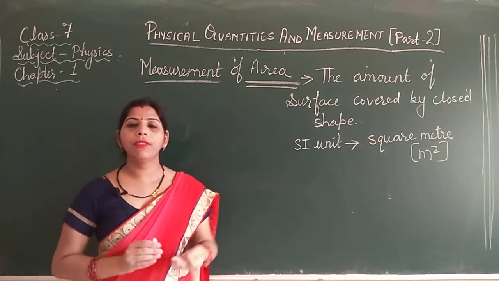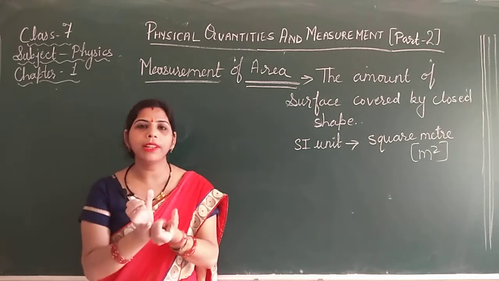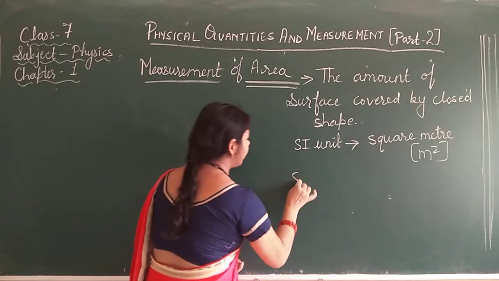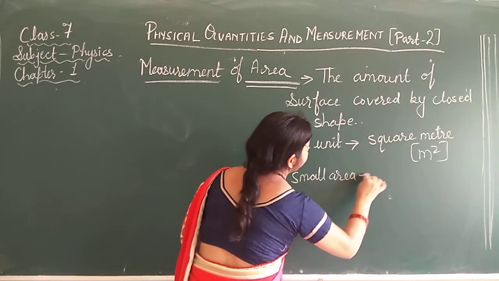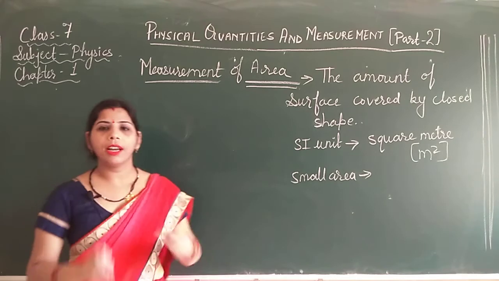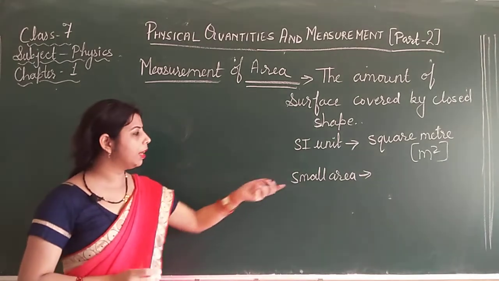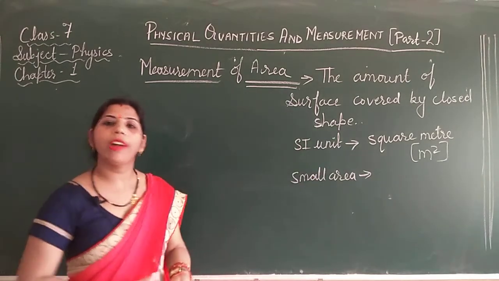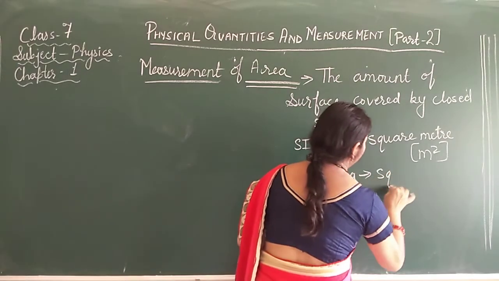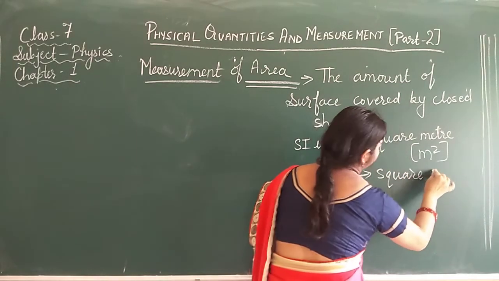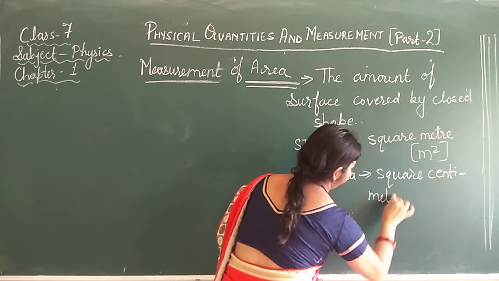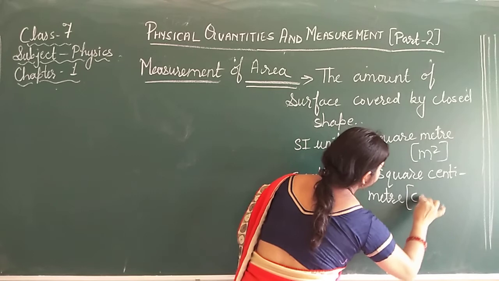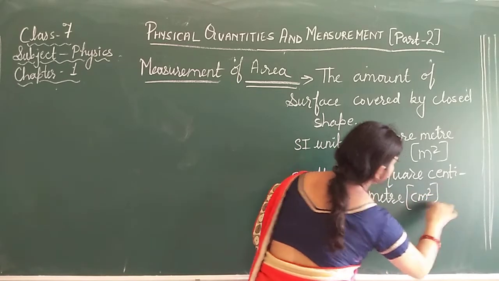Now, if we want to measure a small piece of area, that means if we want to measure a piece of paper, then we will measure it in square centimeter. And the symbol of square centimeter is this.